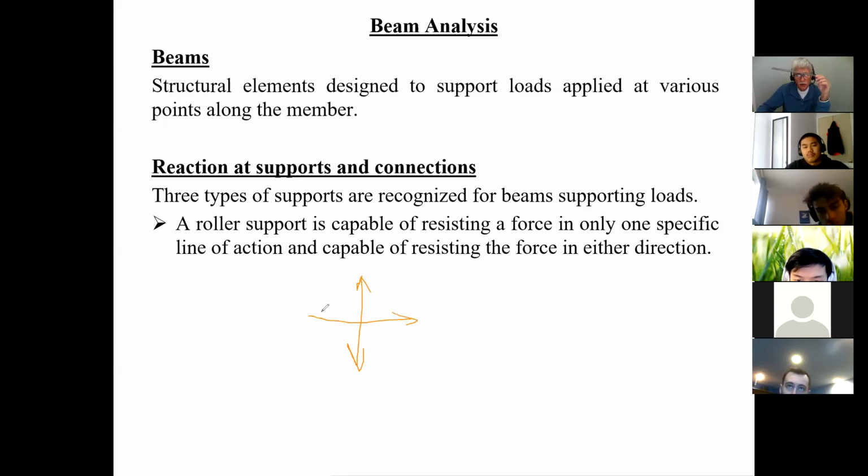What's the third direction that the member can undergo at a reaction area? Does anybody know what's the third possible displacement that the beam or a member can have at a reaction area?